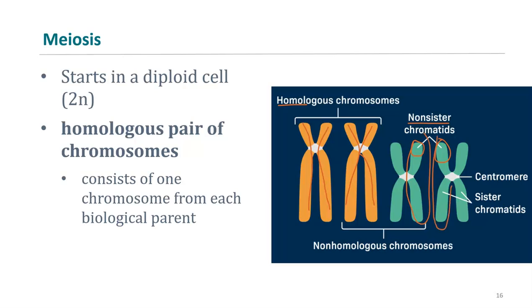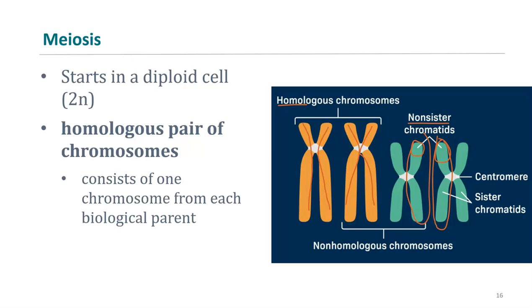This one versus this one, we would say these are non-sister chromatids because they're not exactly the same. The genes would be the same, but there could be slightly different information on them. So there could be information on how to produce brown eyes versus how to produce blue eyes.